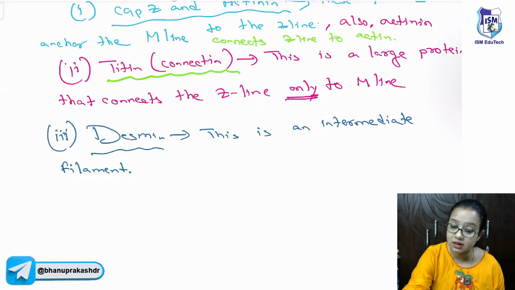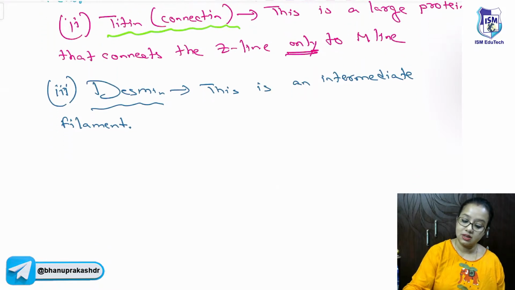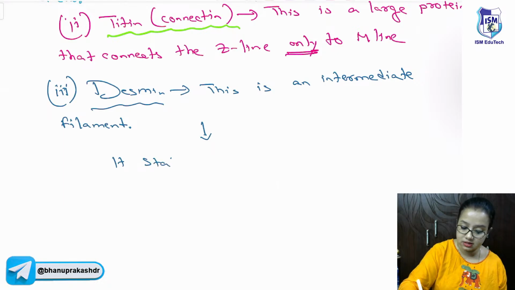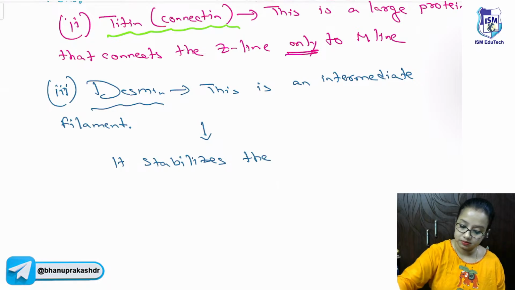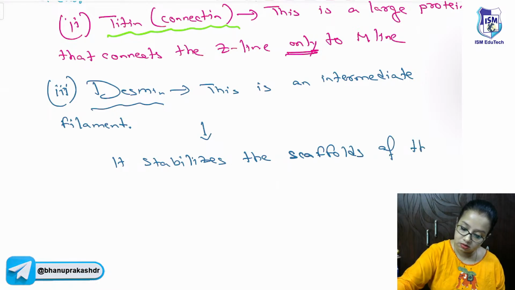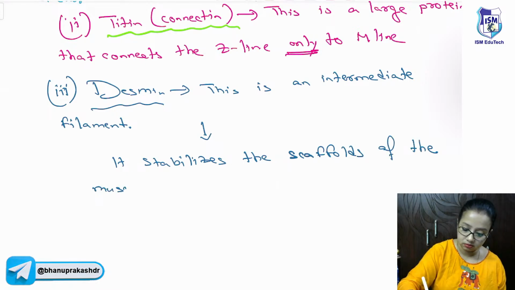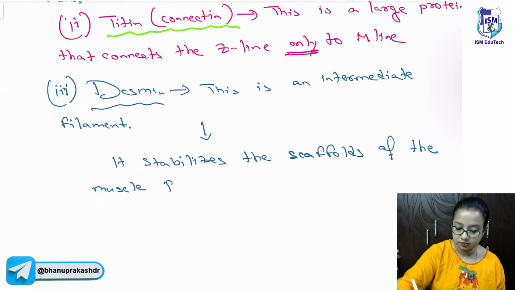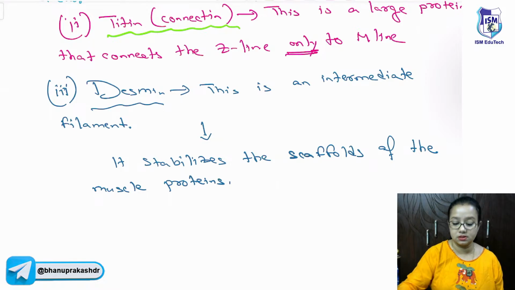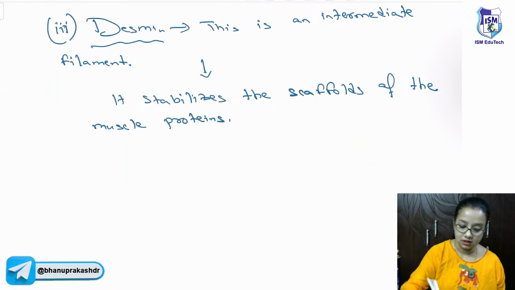The thick filament that we mentioned is the myosin. So this is an intermediate filament. What does it do? It stabilizes the scaffolds of the muscle proteins. Stabilizes the scaffolding of the muscle.